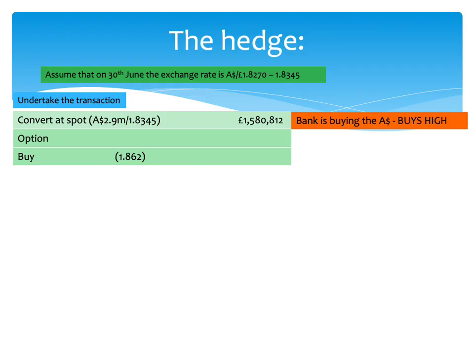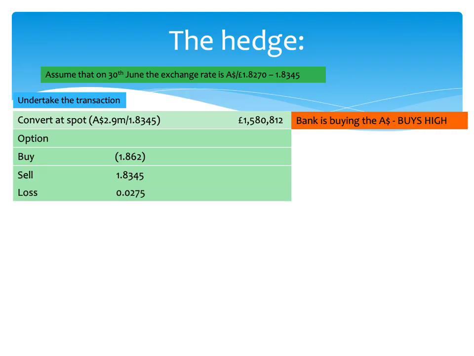If we're not told otherwise, we're going to have to assume that, quite correctly, the option has moved to match that exchange rate on that date. So when we sell the option back, it'll be at 1.8345. So just use that exchange rate to close out the option, unless you're given a different figure in a question.